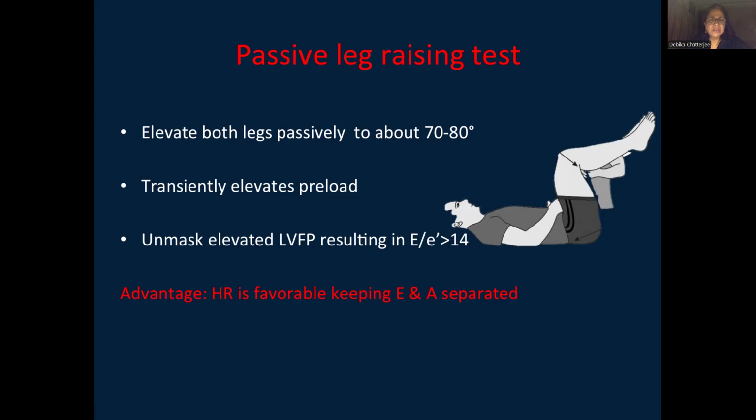It will increase the preload transiently, and if the patient did not have raised LV filling pressure in the flat position, with the raised legs it may unmask the elevated LV filling pressure, resulting in an E by E prime ratio of more than or equal to 14.